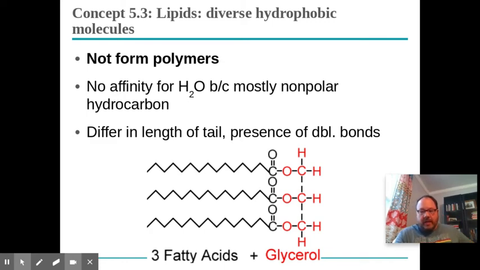Now, before we go ahead, I also want to mention for people who maybe haven't taken AP Chem or it's been a while, you see these zigzag shapes. Each point, called a vertex, is a carbon atom, and it implies its hydrogen buddies.